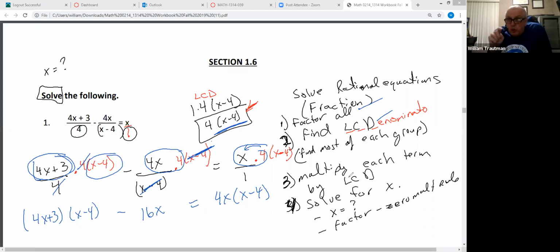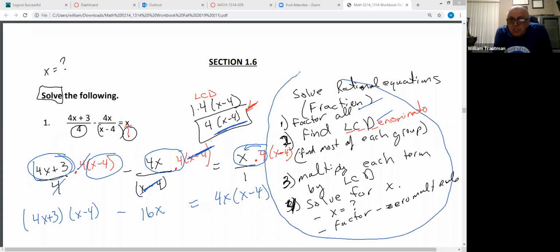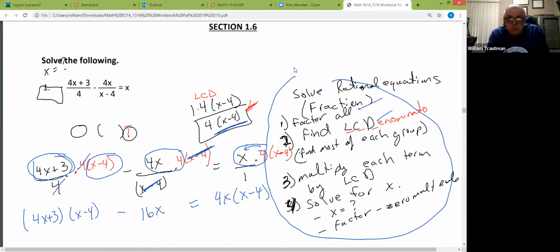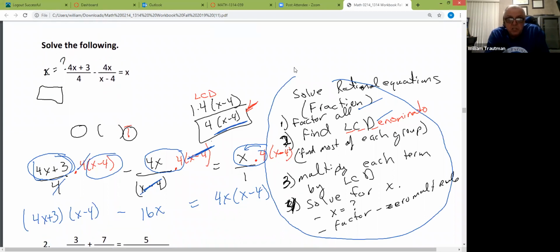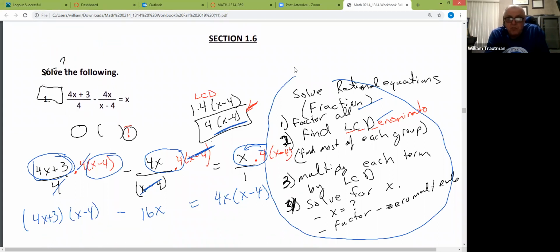So I'm going to erase these steps. If you want these steps, write them down because I think I'm going to erase them. Because I need room. Do you see when I move this, I can't move down with that there.